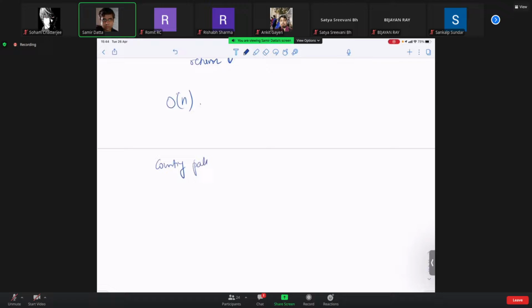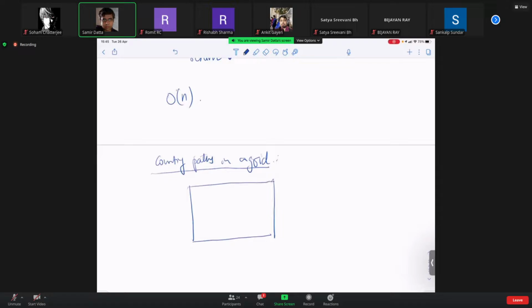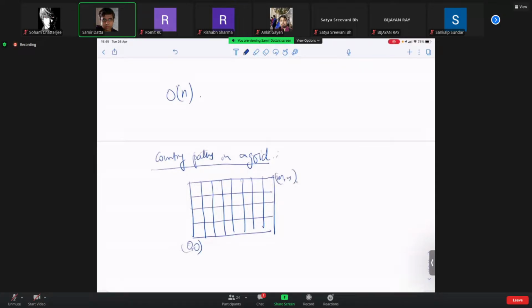Suppose all the vertical edges and all the horizontal edges are present from 0, 0 to m comma n, correct? Now, you want to compute the number of paths from 0, 0 to m comma n.